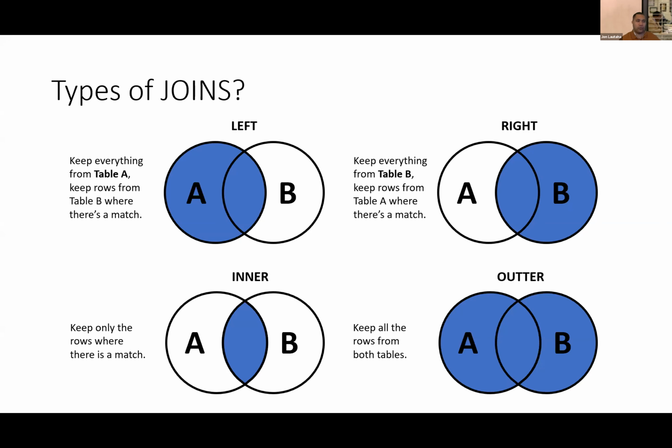And then you have an outer join, where SQL keeps all of the rows from both tables, and for the rows where there's not a match, there'll just be null values in those columns. We'll show an example of that as well.